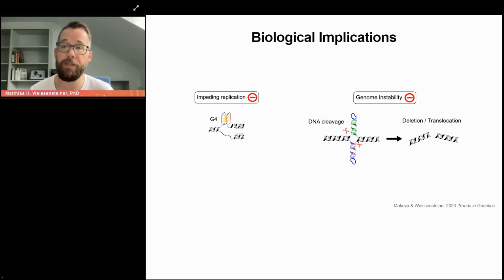So whenever these structures are forming in the cell, there is increased DNA cleavage at these structures, at these cruciforms, leading then to increased deletions and translocations. And once again, you can imagine that this has very severe consequences for the organism carrying this.